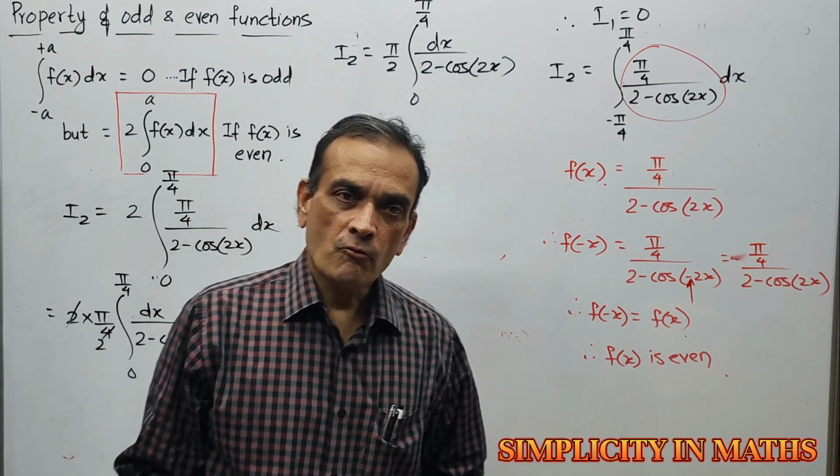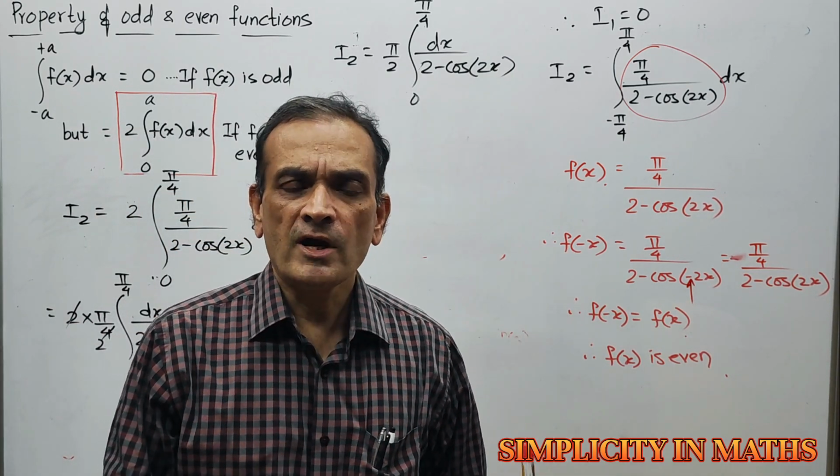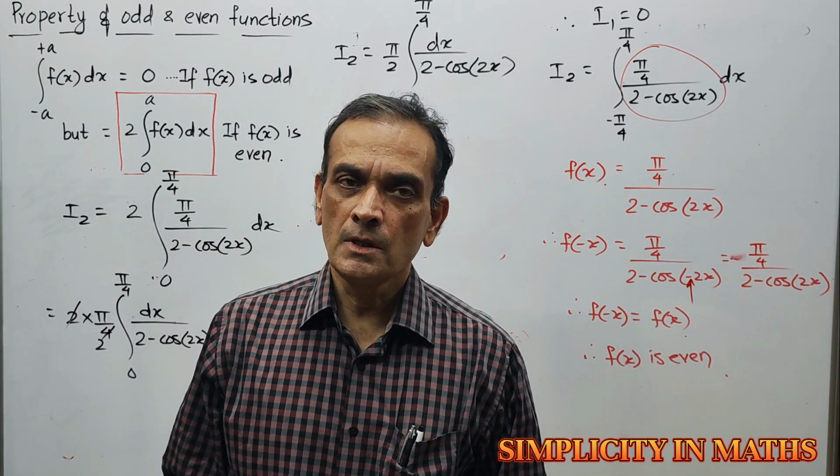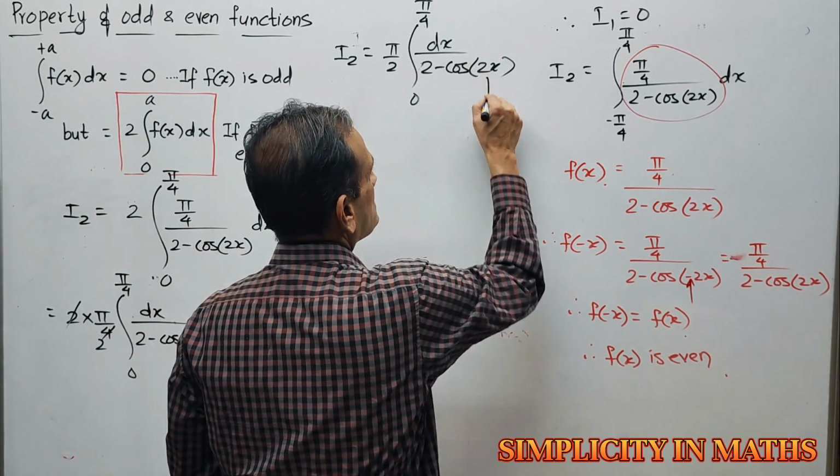Okay. वहां पे सब्स्टिट्यूशन क्या था? Let tan x by 2 equal to t, where tan x by 2 was the invisible term. Same thing over here, but the difference is instead of x you have got 2x.